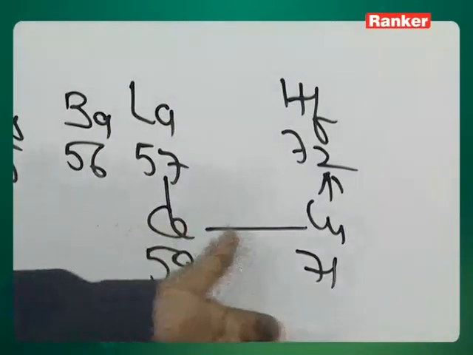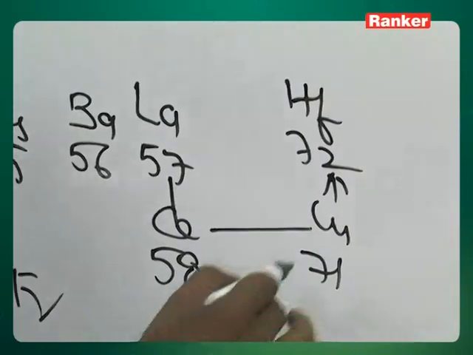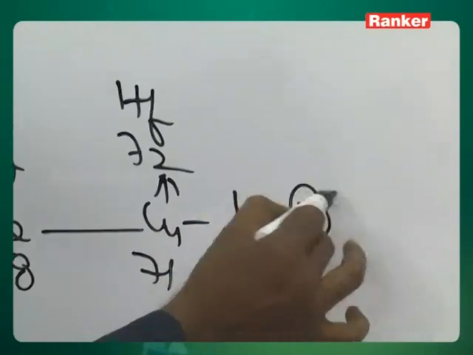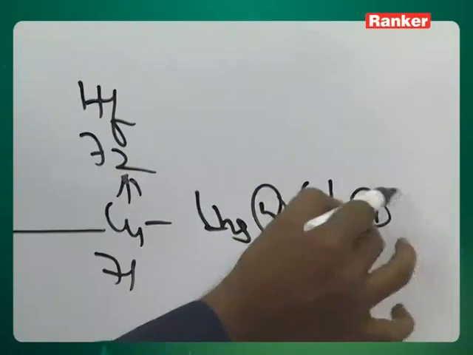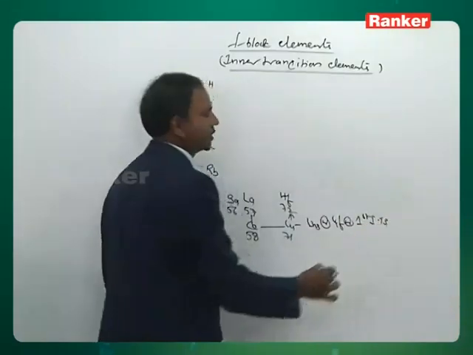This cerium to lutetium, the 58th to 71st element, are considered lanthanides, or the 4f series, or the first inner transition series.